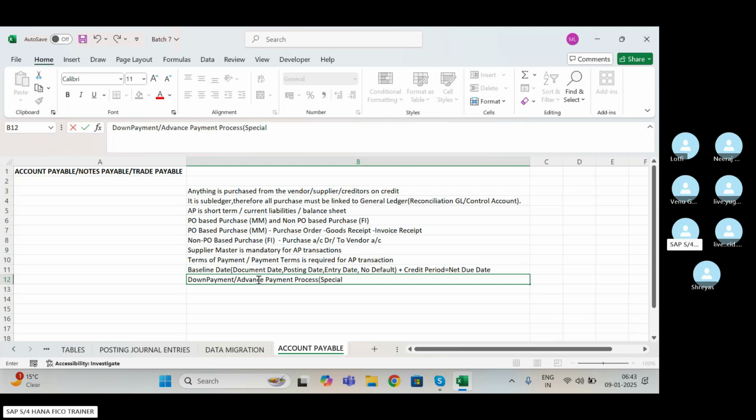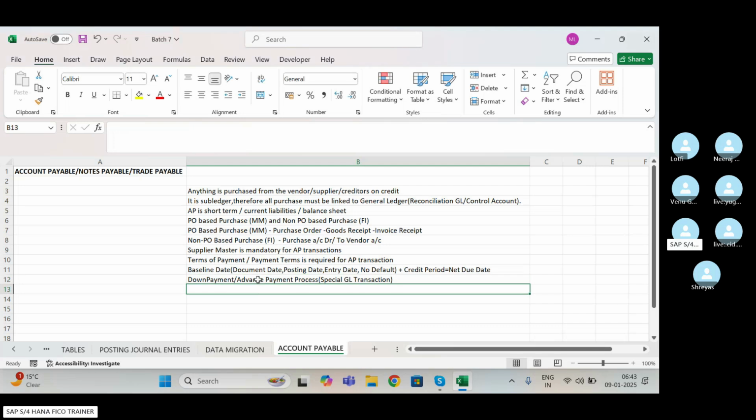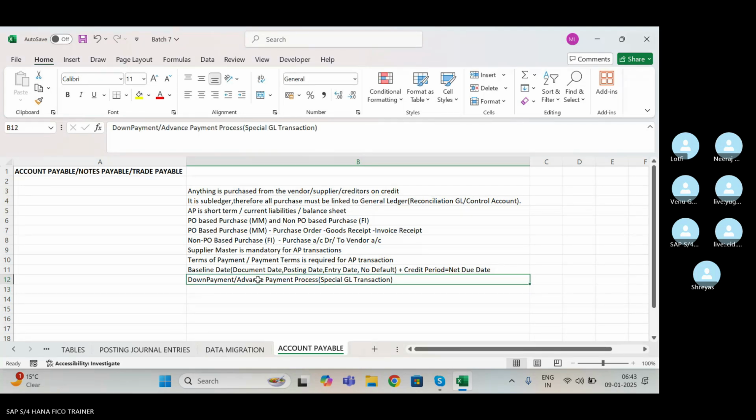It is known as a special GL transaction. To differentiate between normal payment to the vendor and down payment to the vendor, you have to use one indicator. That indicator is known as a special GL transaction. Because whenever you make the payment to the vendor, account debit to bank outgoing. So in SAP, in down payment time also same journal entry, and normal payment time also same journal entry.